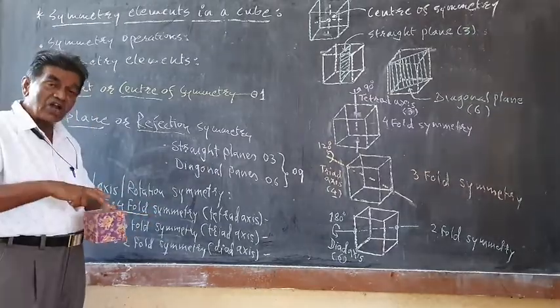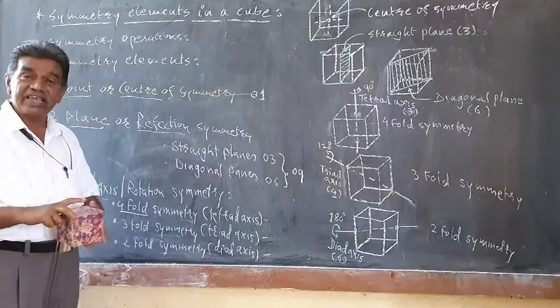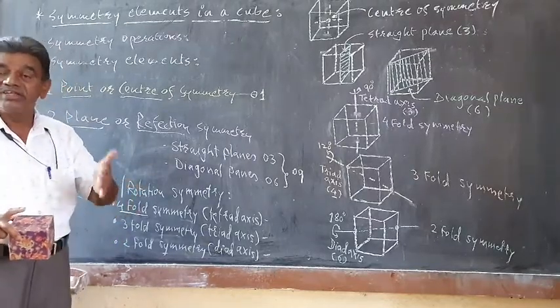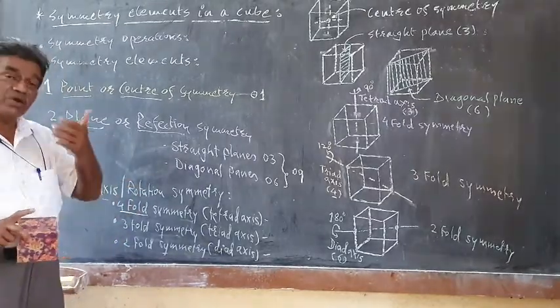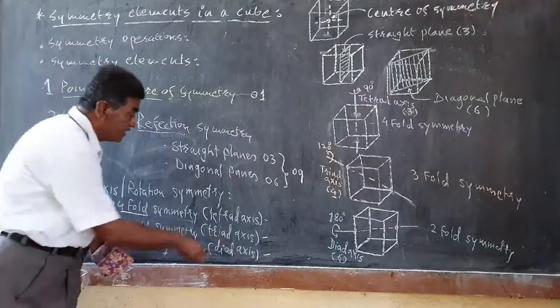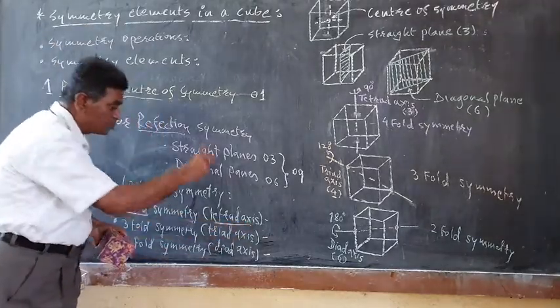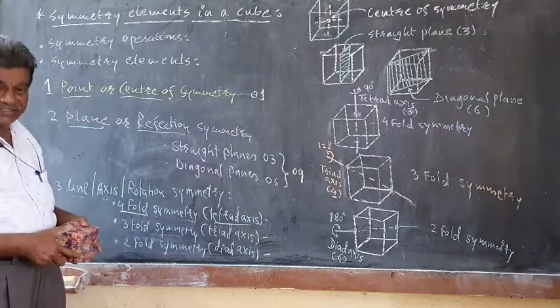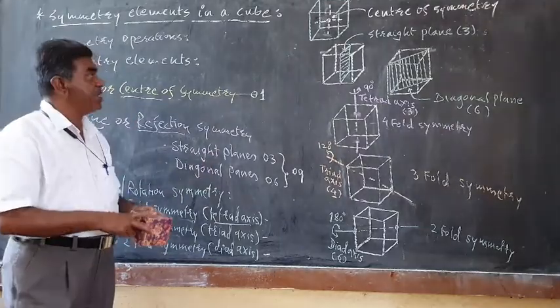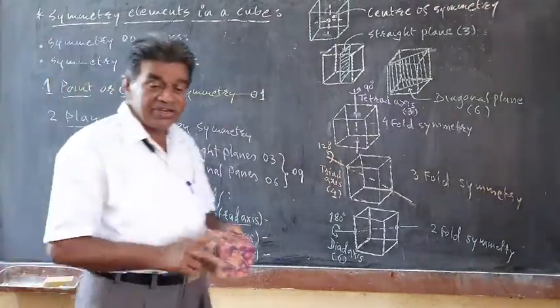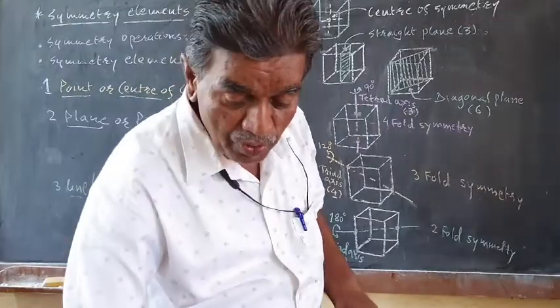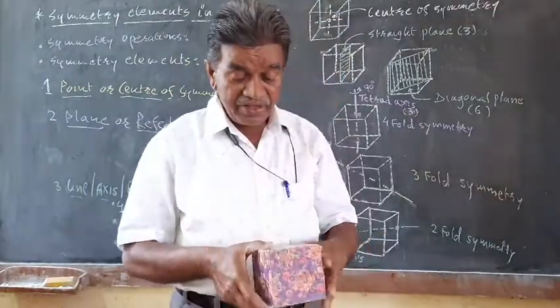And the axis along which the crystal can be rotated so that we get the same appearance 4 times in one rotation is called the tetrad axis.